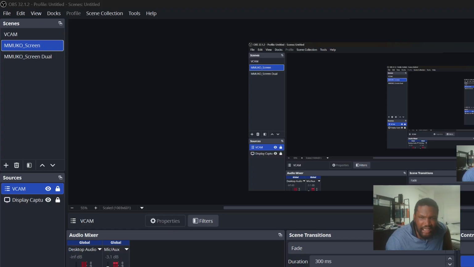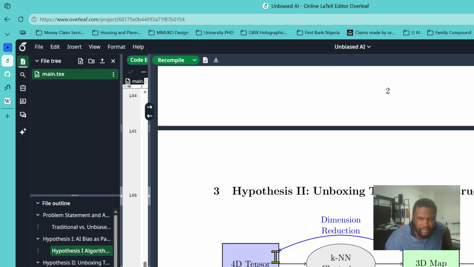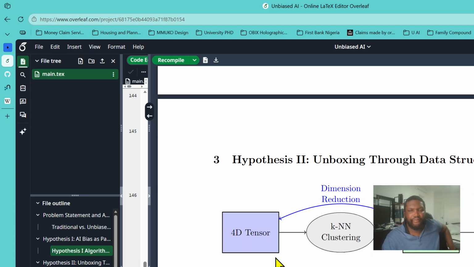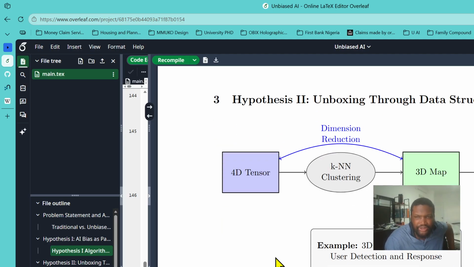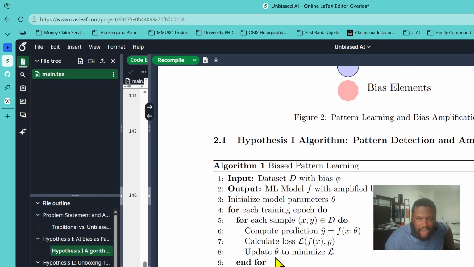So the idea of this system is to show unboxing through sensory data structure awareness. You're going to have pattern learning, and pattern learning will be a bad practice.